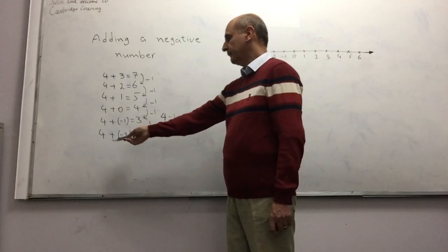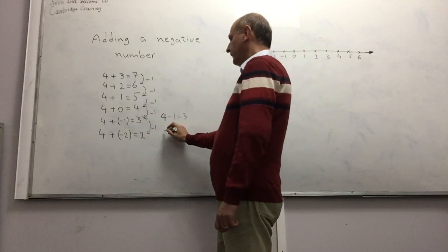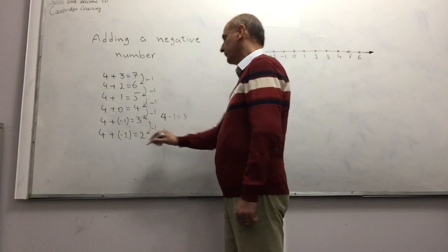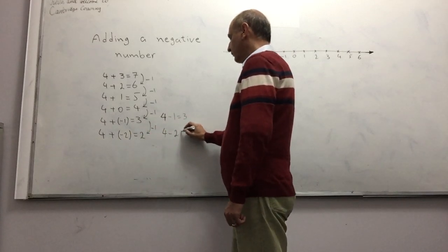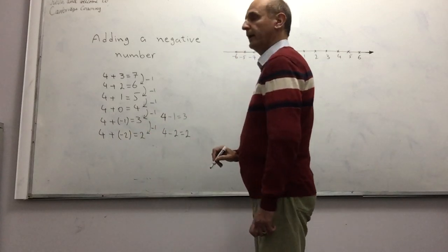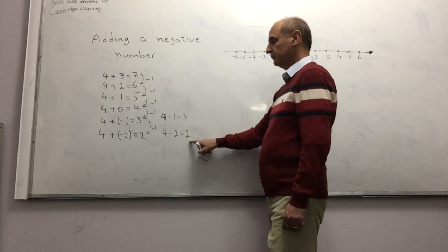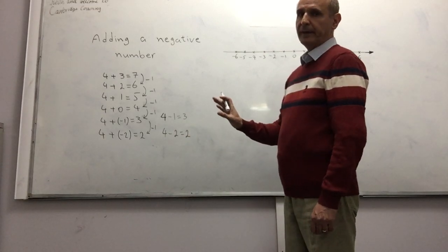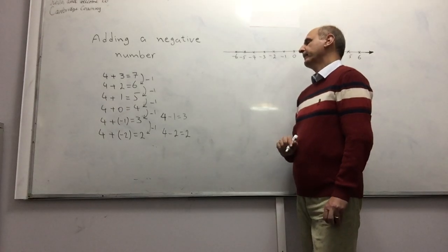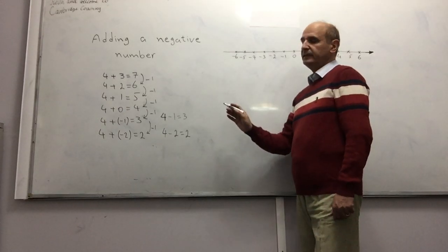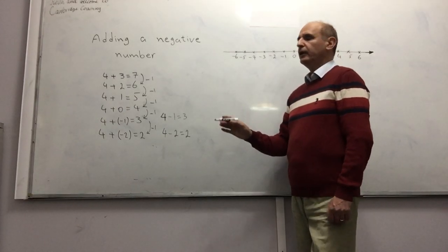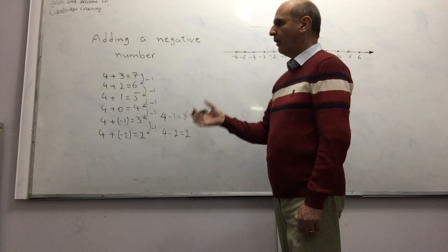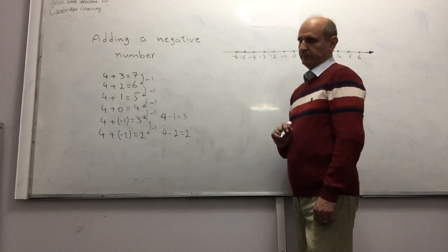Rather than adding 4 and minus 2, if I started with 4 but took away 2 from that, my answer would have been the same, 2. So the conclusion from that is when you add a negative number, you are subtracting the opposite of that number.